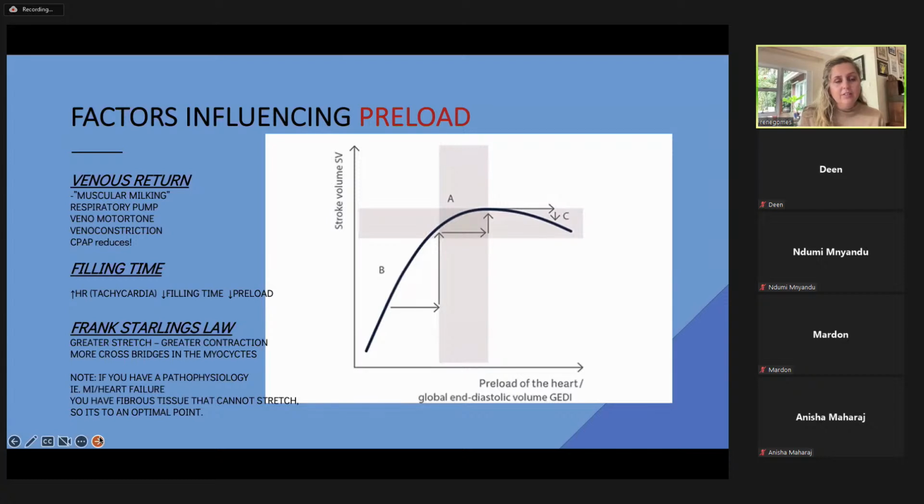So that's something to consider too. If you're struggling with cardiac output, have a look at your heart rate, and if it's too fast, think about filling time.